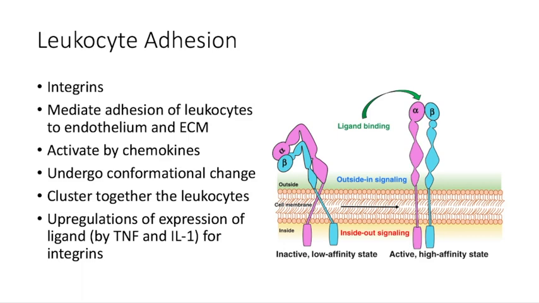Again, they're sounding the alarm, putting the balloons and the banner out, saying, hey, this is where the party needs to be. They then undergo a conformational change, and they let the leukocytes cluster together. There is also upregulation of expression of ligands for the integrins, such as tumor necrosis factor and interleukin-1.